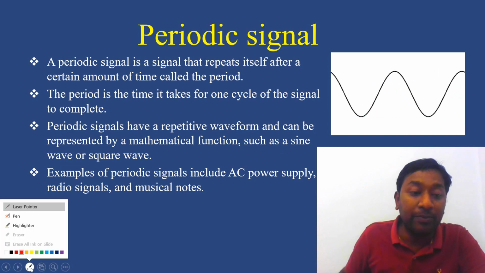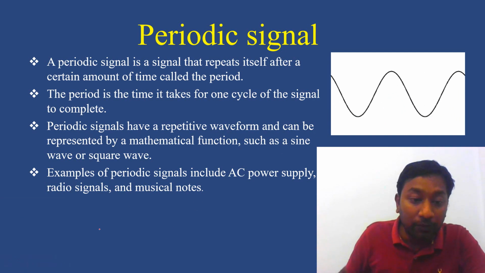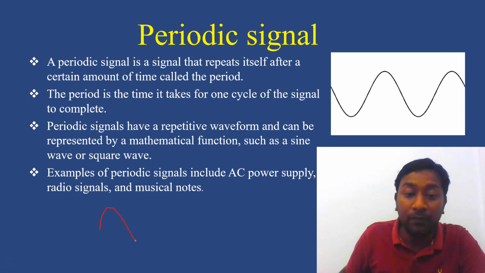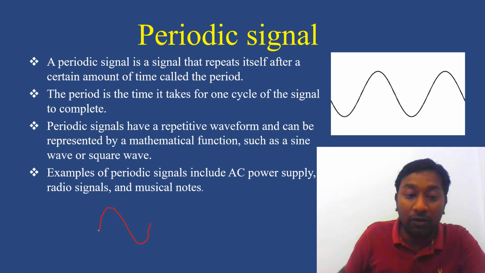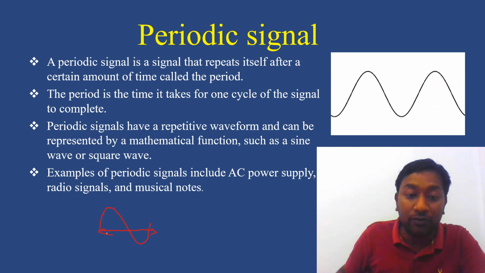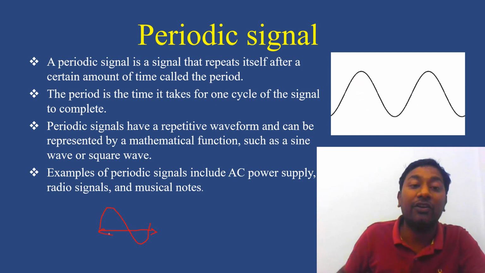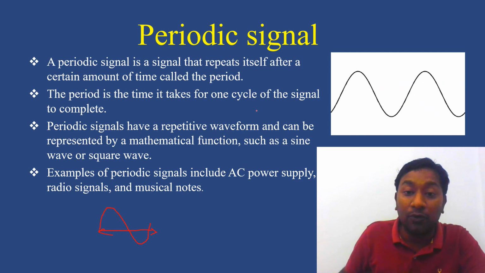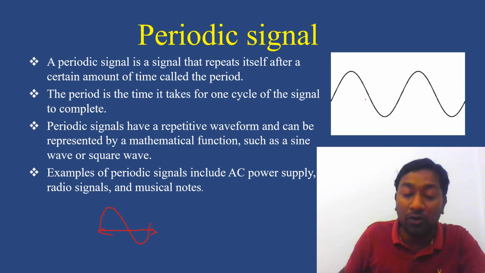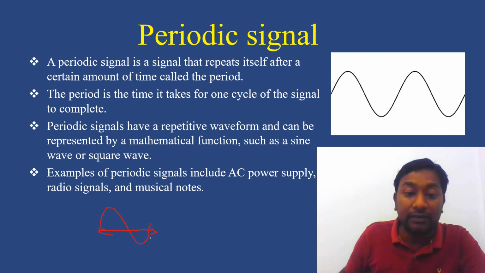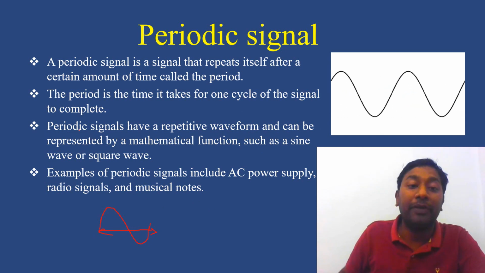This is one type of periodic signal. If you draw this signal, this time is called one period of this particular signal. To complete one cycle, the time required is called the period.